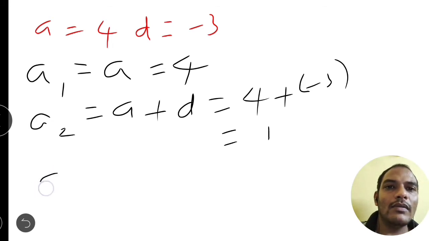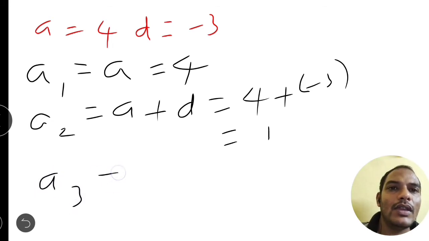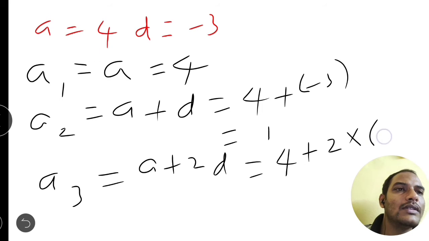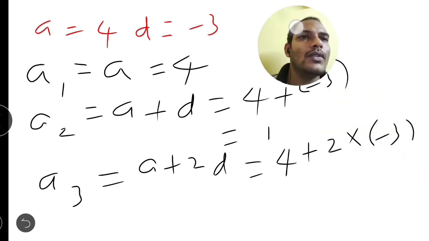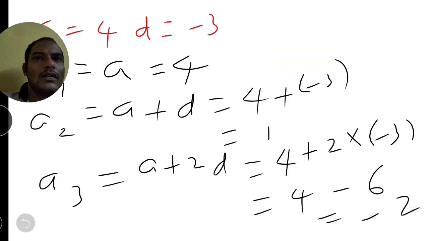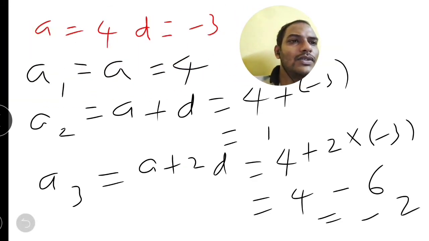Next third term is A3. So A3 equals to A plus 2D. So it is equals to A value 4 plus 2 into D value minus 3. So 4 plus 2 into minus 3 is minus 6. So 4 minus 6 is equals to minus 2. Let's find out the fourth term.